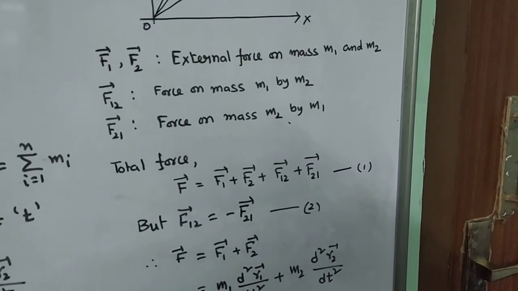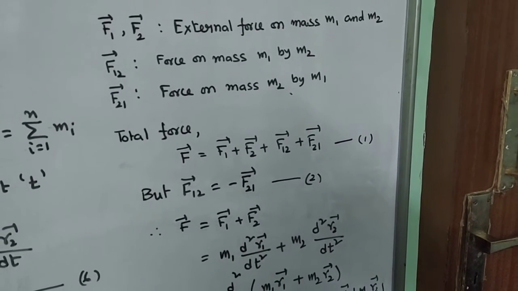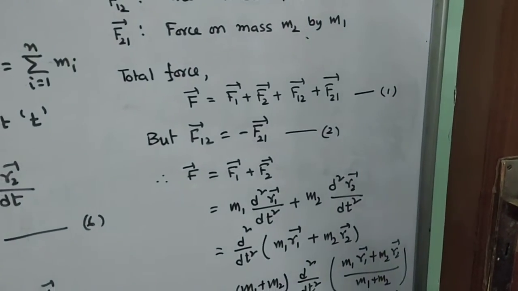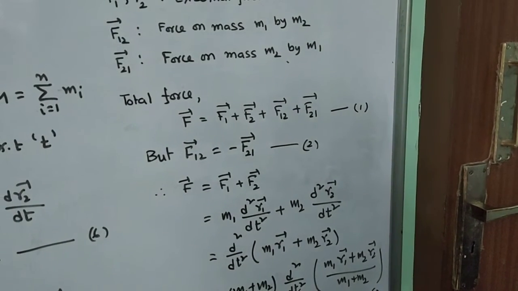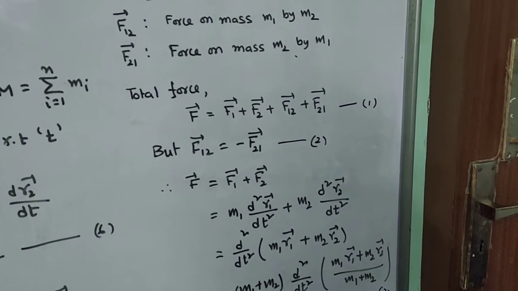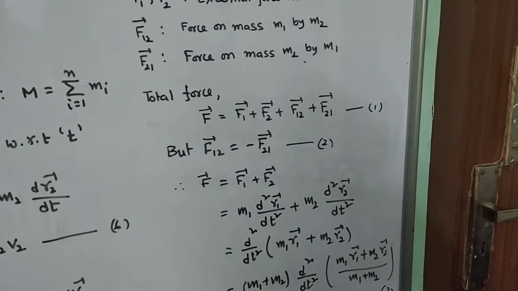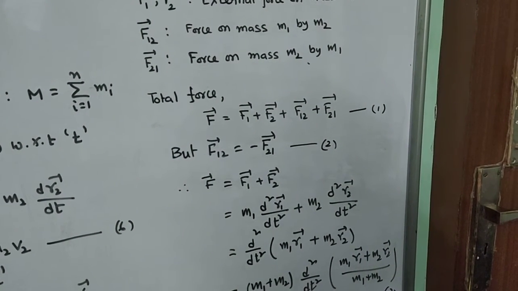So the total force is F vector equal to f1 vector plus f2 vector. Now for f1 and f2 you can use the second law of motion: force is equal to mass into acceleration. Acceleration is the change of velocity, and velocity is the change of position.